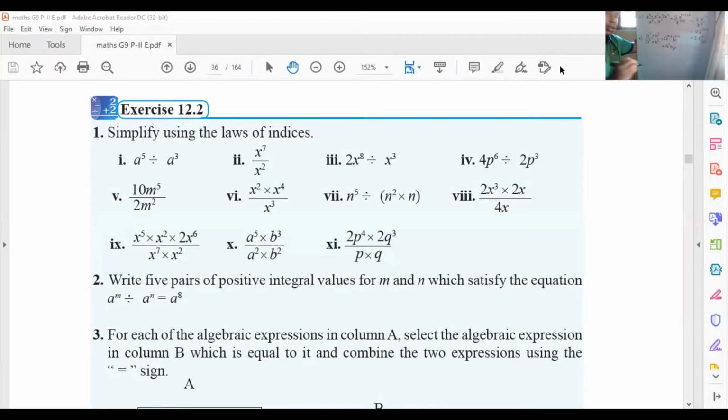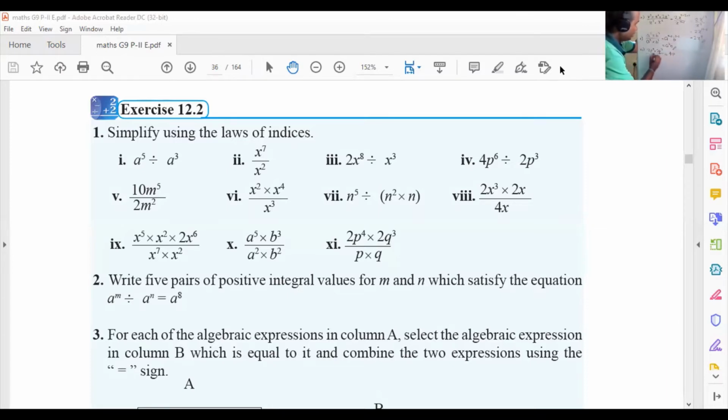Then let's move to the last question, the 11th question. 2p to the power 4 multiplied by 2p to the power 3, divided by p times q. Here this is q. Then 2 times 2 is 4.